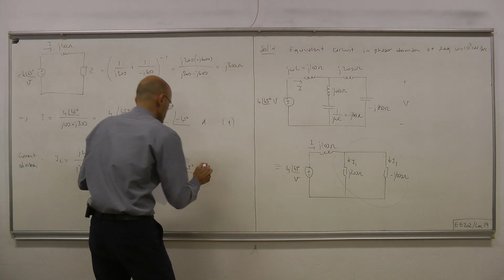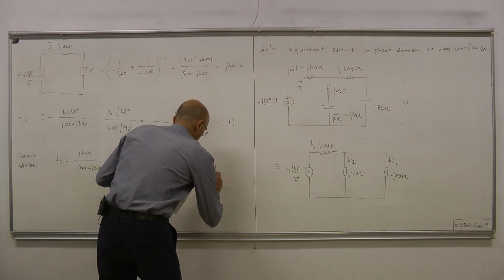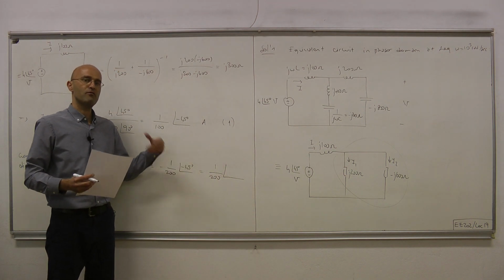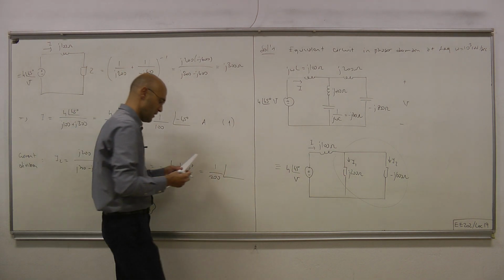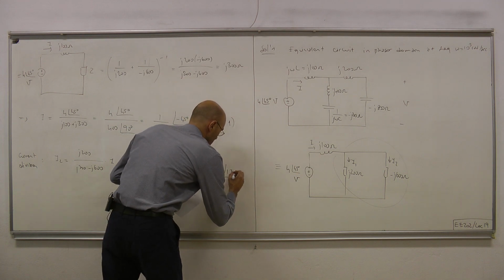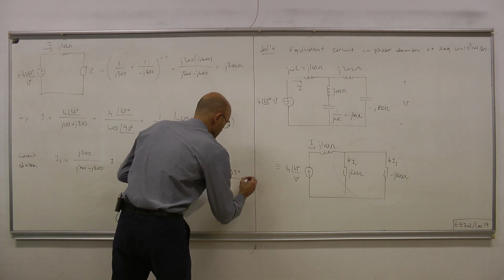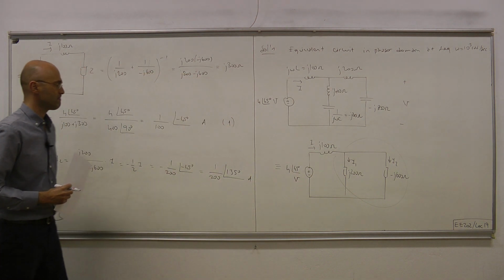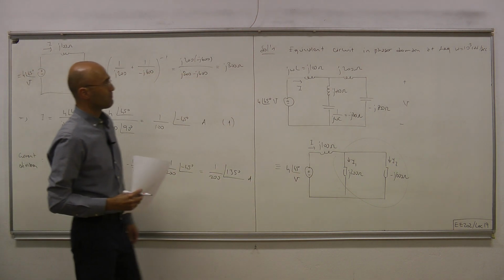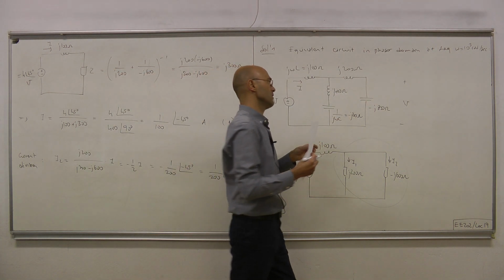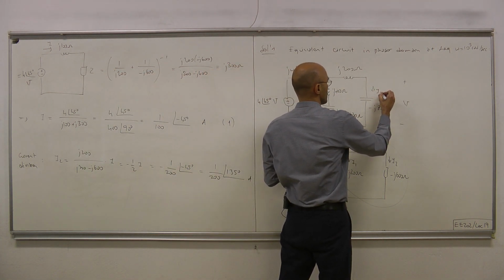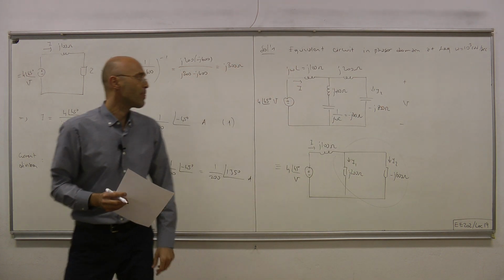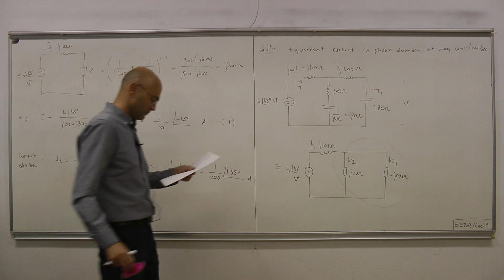So this equals 1/200 with phase -45 plus 180 degrees. That makes 135 degrees, and that's amps. So that's I2, which is this current. And then V simply is I2 times the impedance, minus J800.